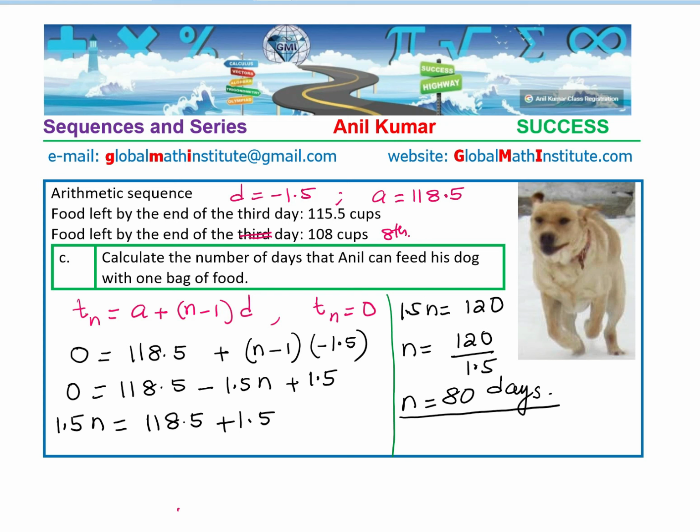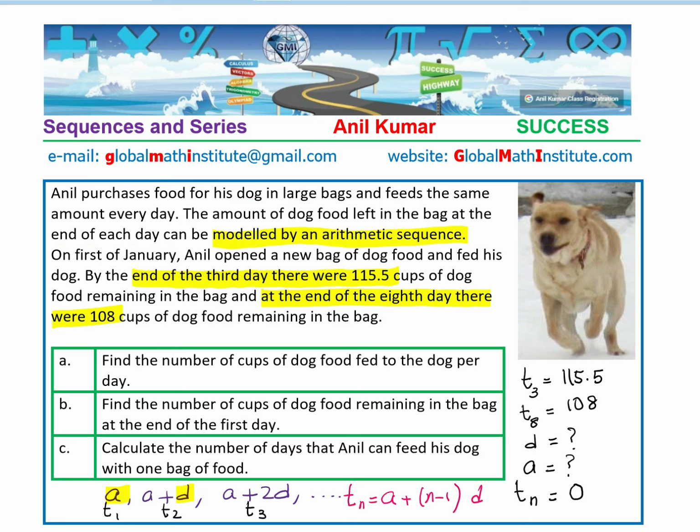Now, in addition to this, we started this question with the food being fed on 1st of January. So we began with the bag opened on 1st of January. So I would like you to answer the last part and add one more component to this: calculate the number of days that Anil can feed his dog with one bag of food, and find the date, so that we can plan when to get the next bag.